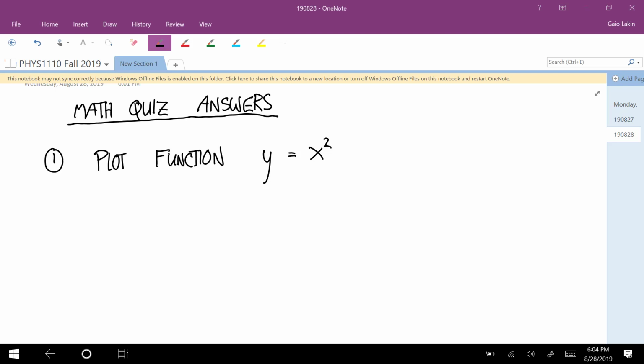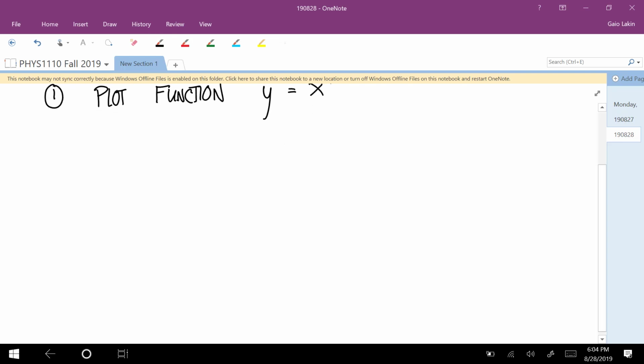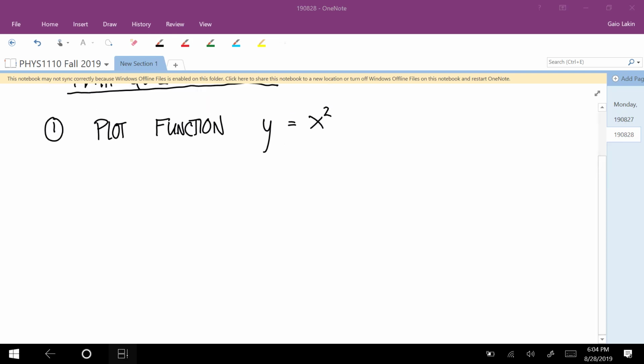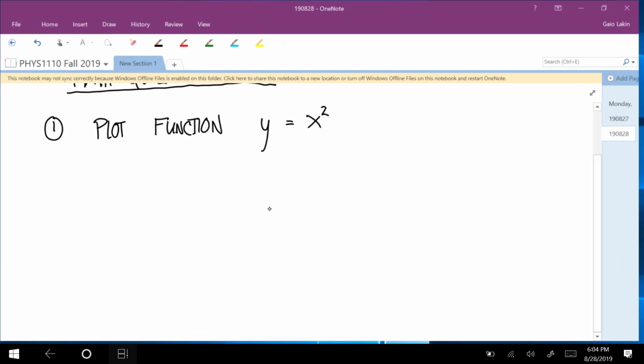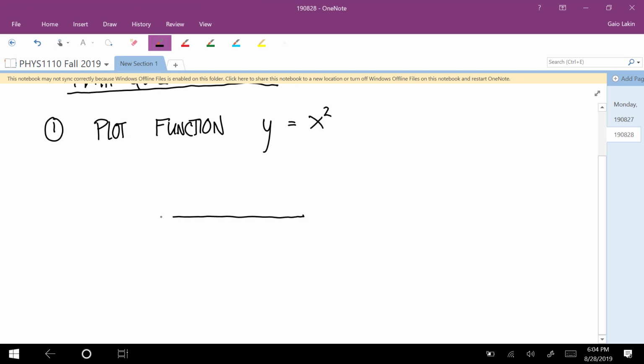So we'll see this shape a lot. If the horizontal is the x-axis and the vertical is the y-axis, then this is a parabola that looks something like that.